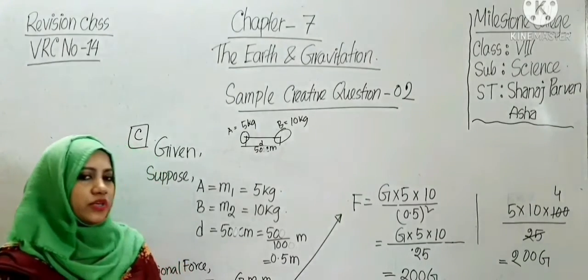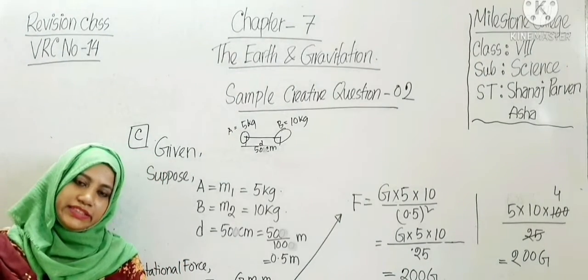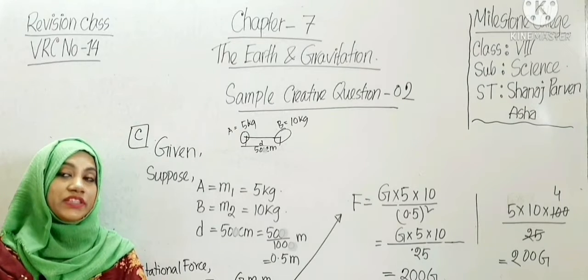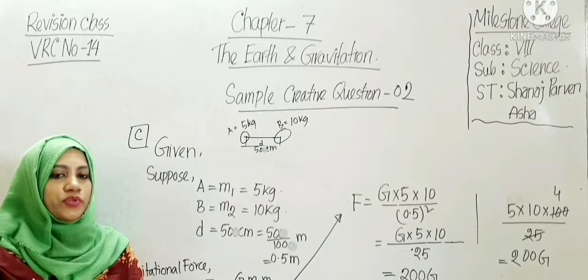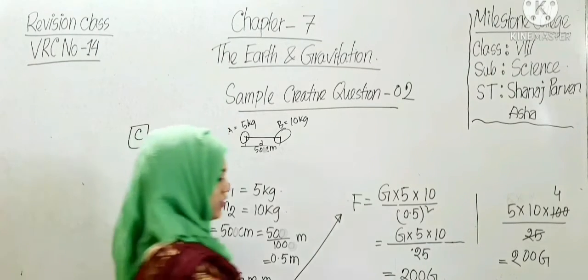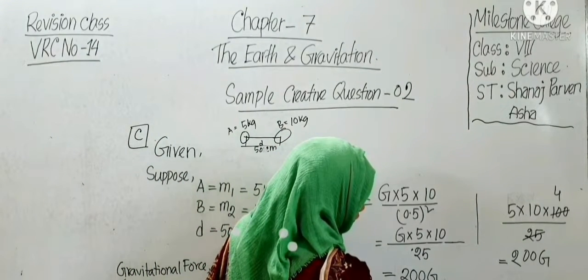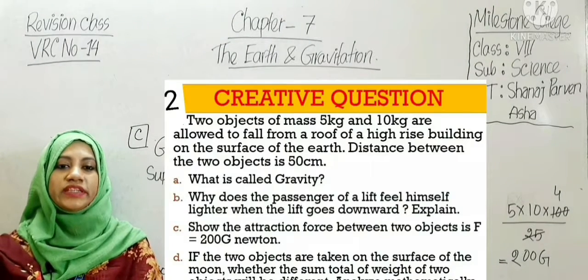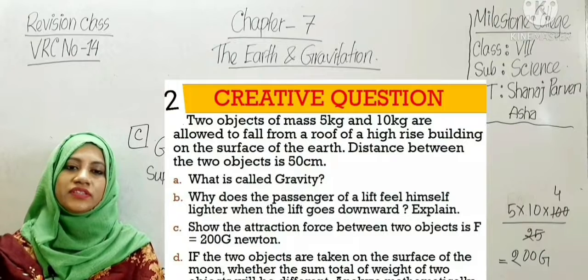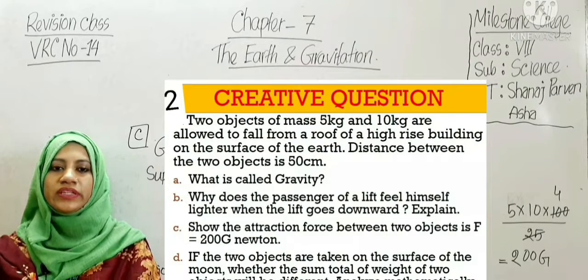So F equals 200 G, where G is the gravitational constant. That is proved or shown. You may write here "showed".